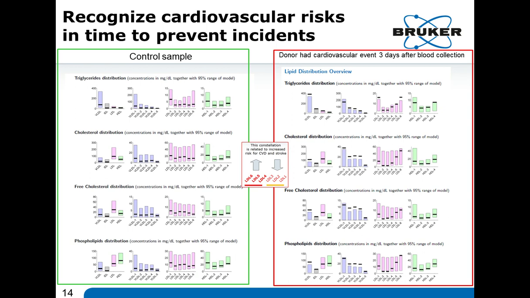If we look on the right side, you can see that there are substantial deviations from the reference range. And what is also important, for example, in the LDL main fraction, the person here is actually quite in the middle of the distribution in our reference cohort.